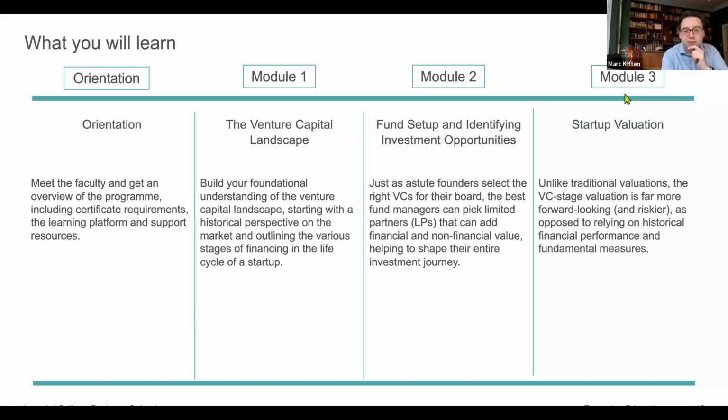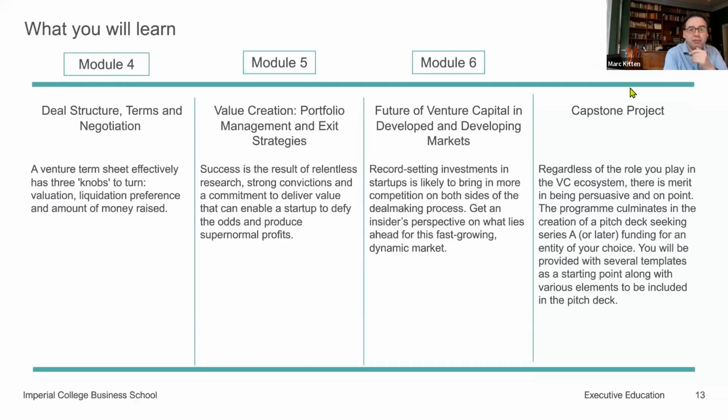So if we move to the next page, after the valuation, we continue into the process of venture capital investment, and we discuss in particular the term sheets. This is a very, very important topic in venture capital.